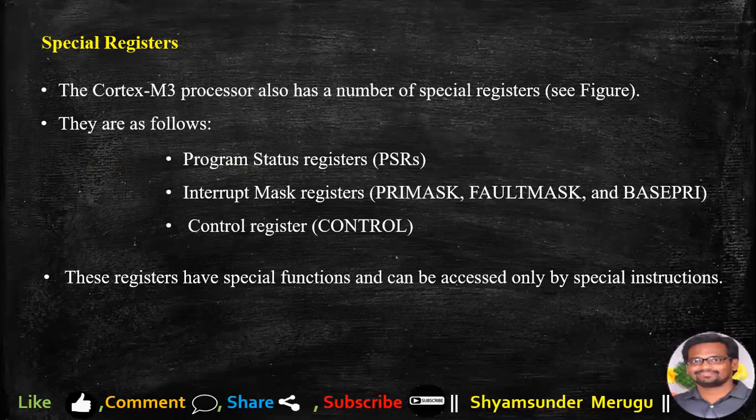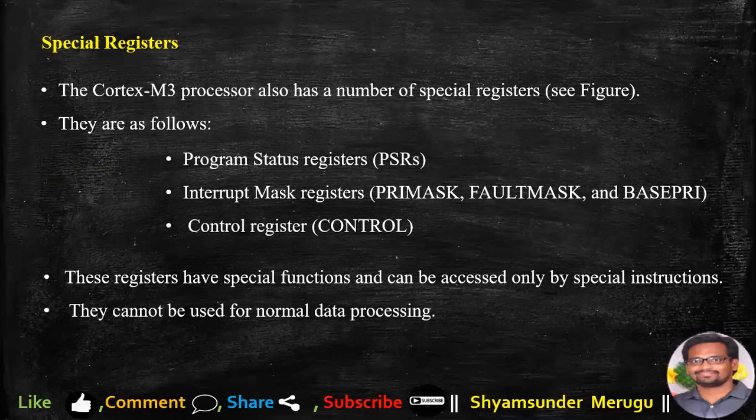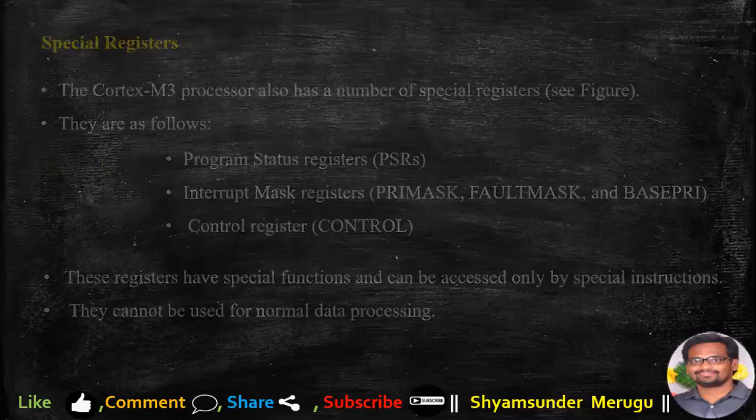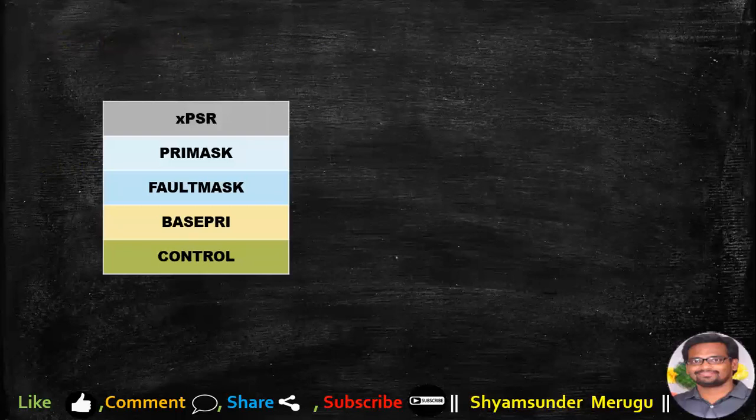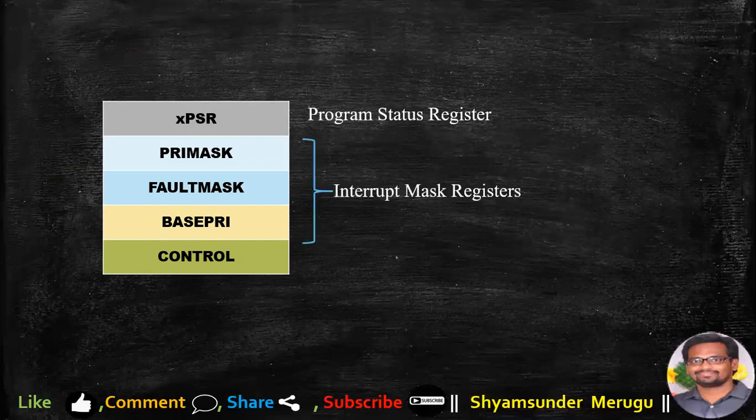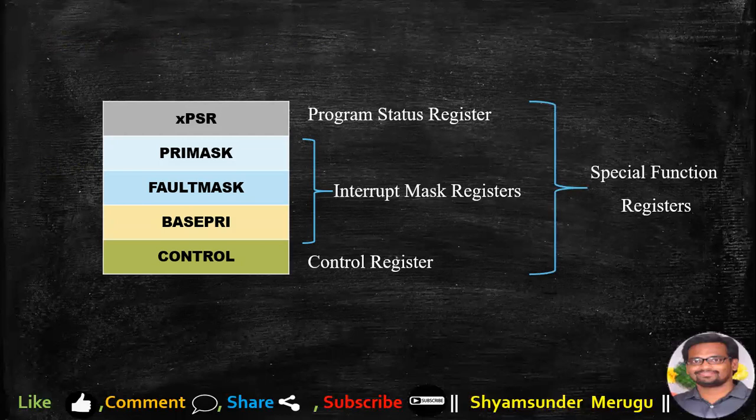These registers have special functions and can be accessed only by special instructions. They cannot be used for normal data processing. Here we have the picture of the special function registers. The PSR is the program status register. PRIMASK, FAULTMASK, and BASEPRI are the interrupt mask registers, and the last one is the control register. All these are called the special function registers in Cortex M3 microprocessor.